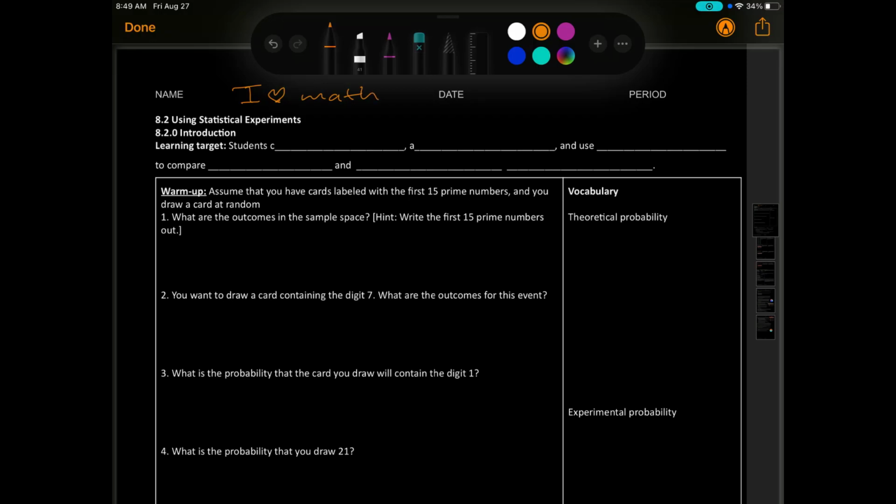Well, anyways, in 8.2, we're using statistical experiments.